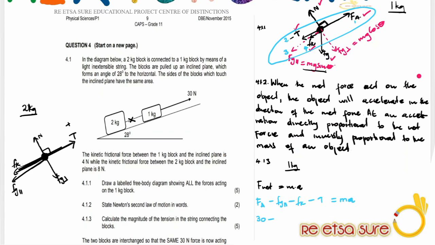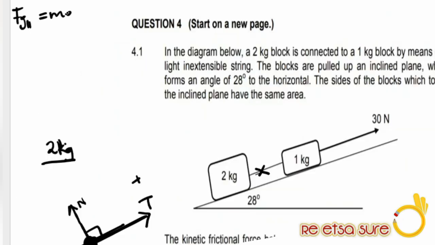FG parallel is equal to mg sin theta. What is the value of mass? The mass for the 1 kg block is 1 multiplied by 9,8 sine. What is our angle? The angle that is given is 28.